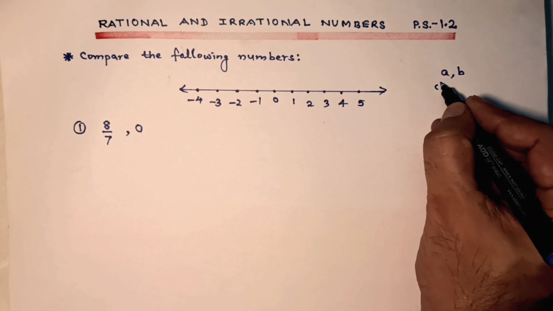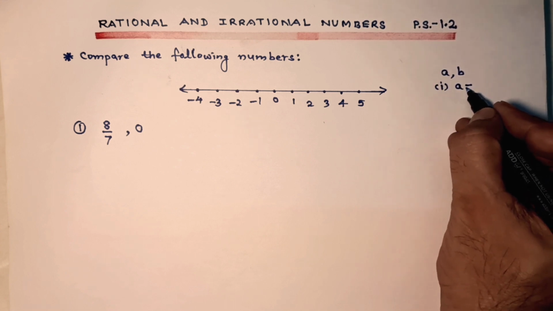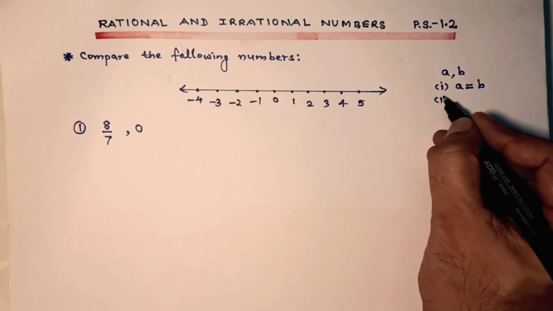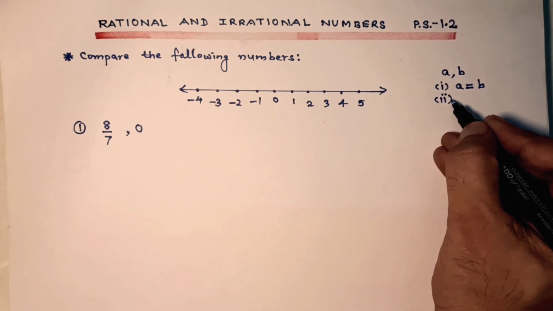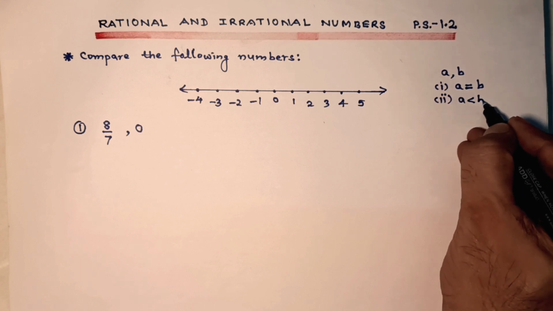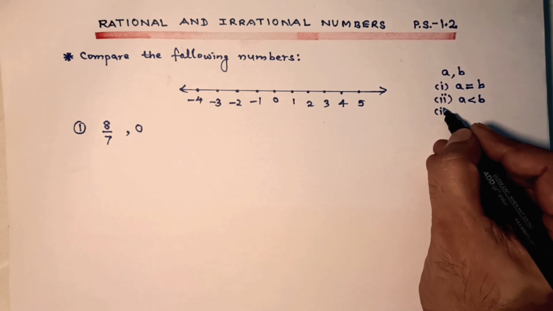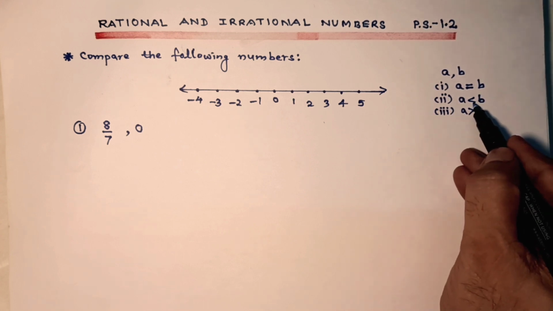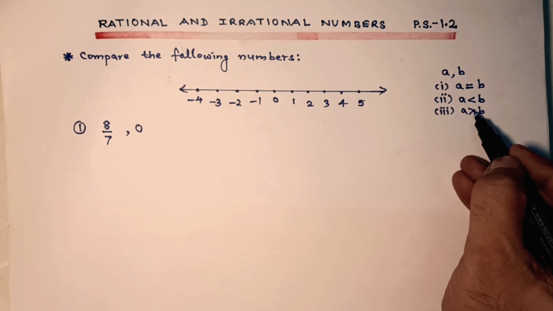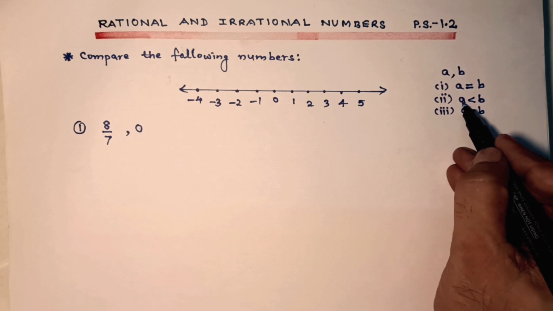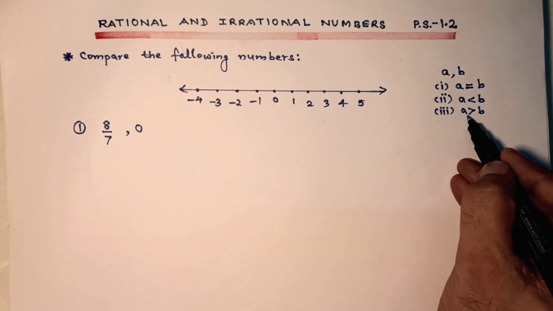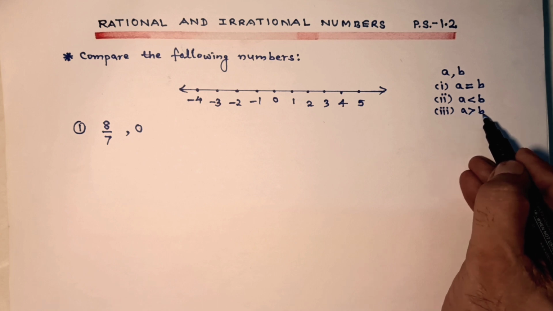First, A may be equal to B. And if A is not equal to B, then there are two possibilities: A may be less than B, or A may be greater than B. So this sign is for less than and this is for greater than. Now this indicates A is smaller than B, whereas this represents A is greater than B.